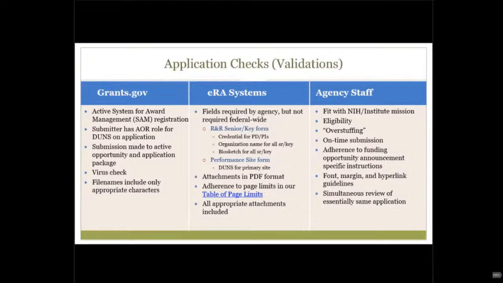So this is looking at things such as overstuffing, that on-time submission that Lori mentioned, and then whether or not you adhere to the funding opportunity announcement specific instructions. So even though the application itself may get in the door, if the application is found to not meet other requirements that were specified in the funding opportunity announcement, an application may still be withdrawn if it does not pass these checks.